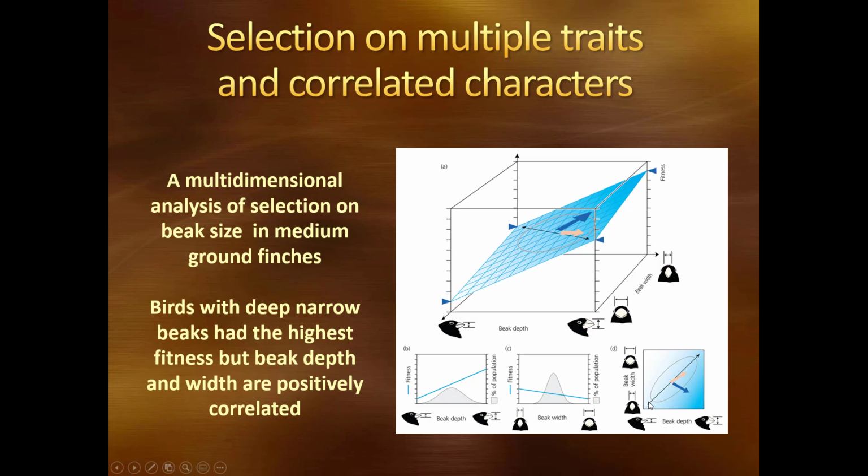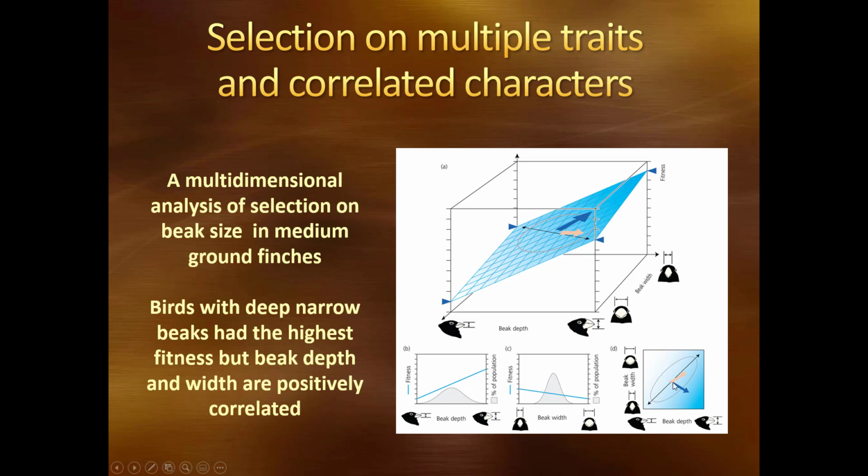So let's just imagine that selection is favoring a certain beak width. So we're up this way on the graph, but it's also favoring this way on the y-axis, and it's also favoring us to move to the right, let's say on the x-axis. So where this population ends up could be sort of a combination of those two forces. It'd be very much like when you did trajectories in physics. Where will it end up going? Well, it's going to kind of go in the middle, depending on the strength of those two forces.